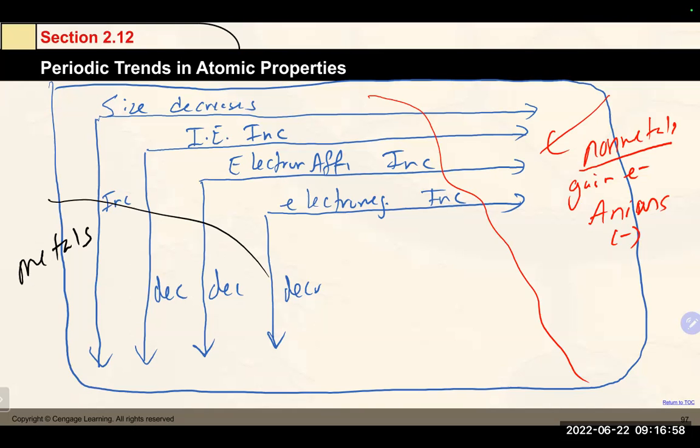And frankly, they have very low electron affinity and electronegativity, which means they're not really interested in gaining electrons or holding on to their own electrons. So these are the guys that typically will lose electrons and become positively charged cations. Any question on any of those trends there?